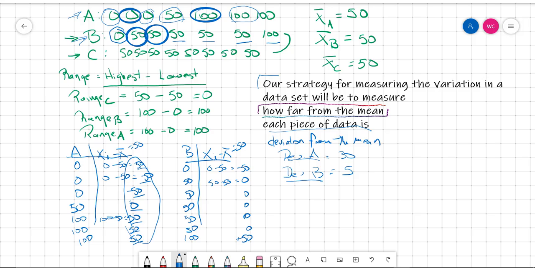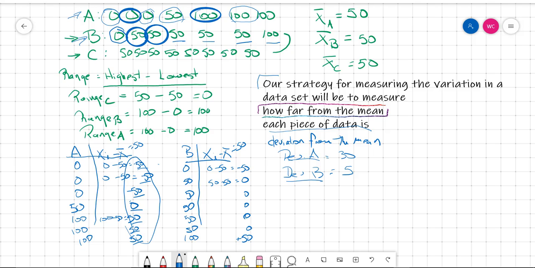So instead of doing that, you could take the absolute value of negative 50, which would be 50, and you could take the absolute value here, and you wouldn't get that cancellation. That would work just fine.